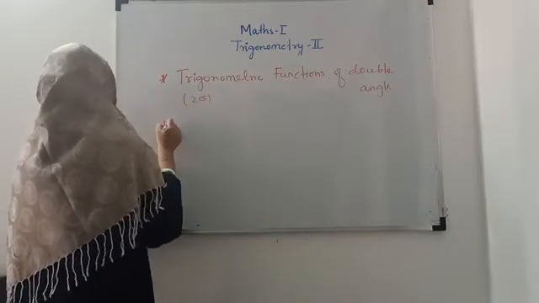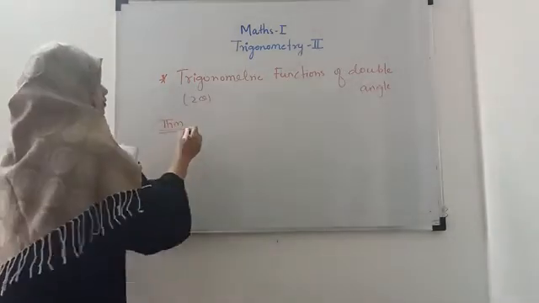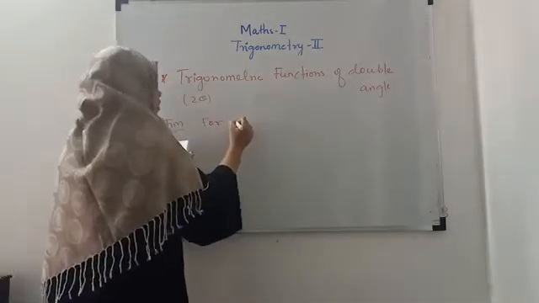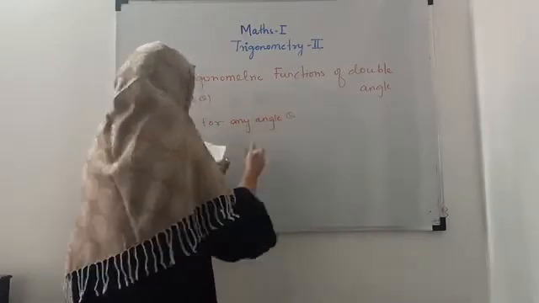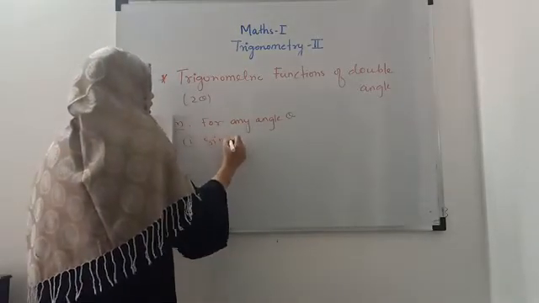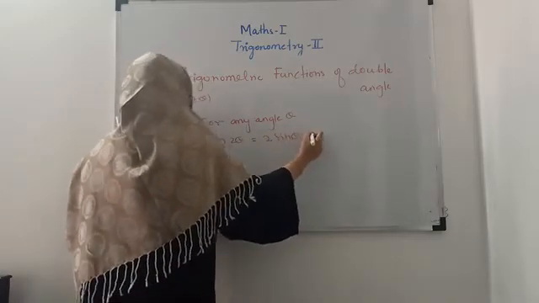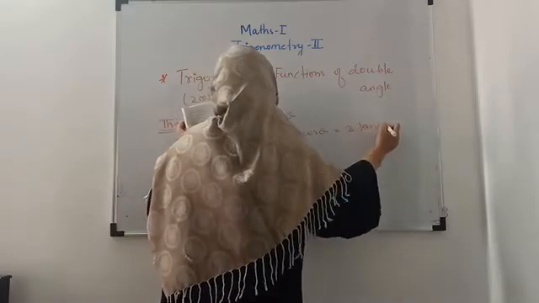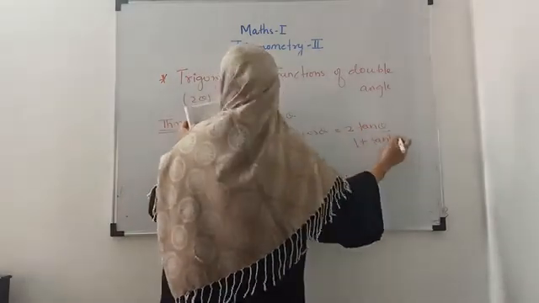So the formulas, first theorem is for any angle theta, it is on page number 43. For any angle theta, first point, sin 2 theta is equals to 2 sin theta cos theta, which is equals to 2 tan theta upon 1 plus tan square theta.